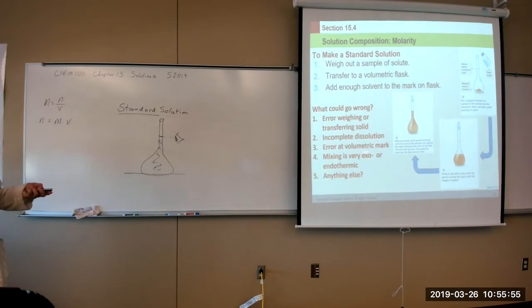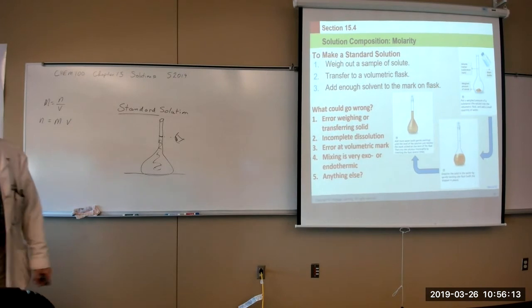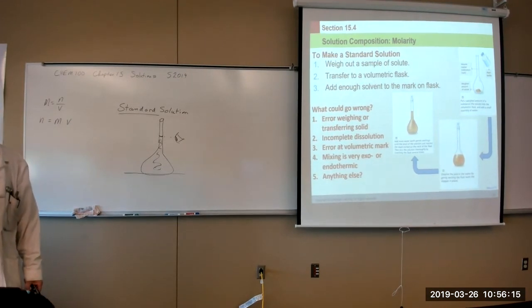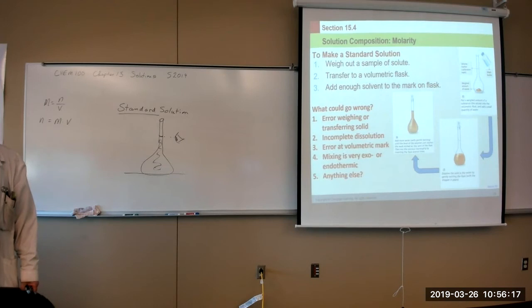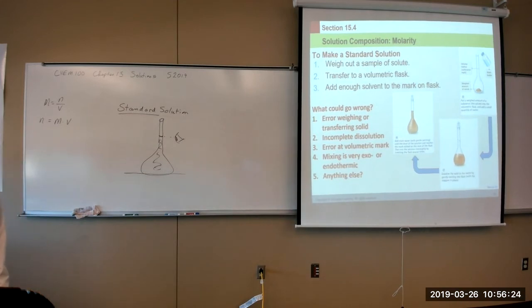So if you generate a lot of heat, or you suck up a lot of heat in the process, and you don't let it come to room temperature, that would be a source of error also. Now, if it's exothermic and it gets hot, it's going to be more volume than you expect at that temperature.